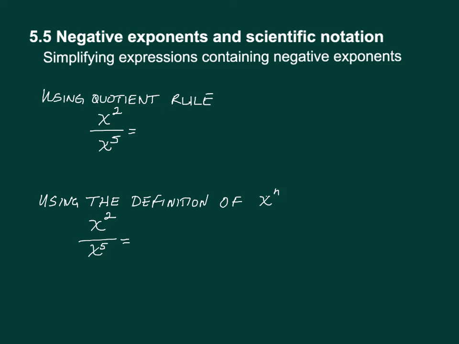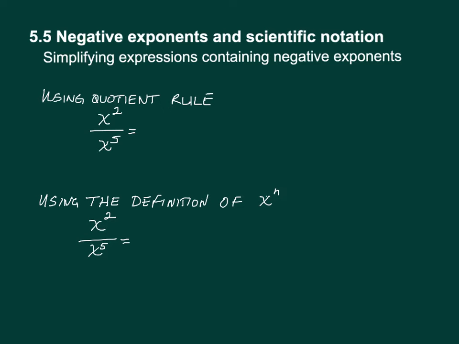Now that you know the quotient rule states that if you have a quotient, in the form of a fraction or not, and two terms have the same base, and you want to simplify the expression, then as long as those two terms have the same base and you're dividing, you subtract their exponents.